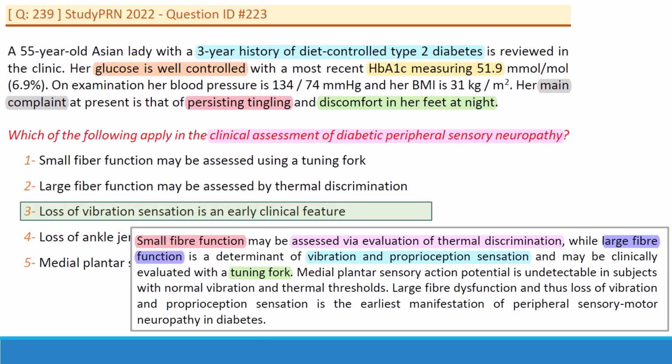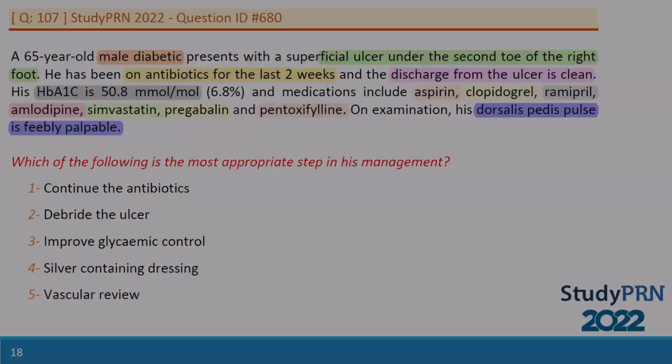So a tuning fork, loss of vibration, to assess large fiber is the first initial examination in peripheral neuropathy. Large fiber affection by loss of vibration sensation is an early clinical feature determined by 128 tuning fork assessment.